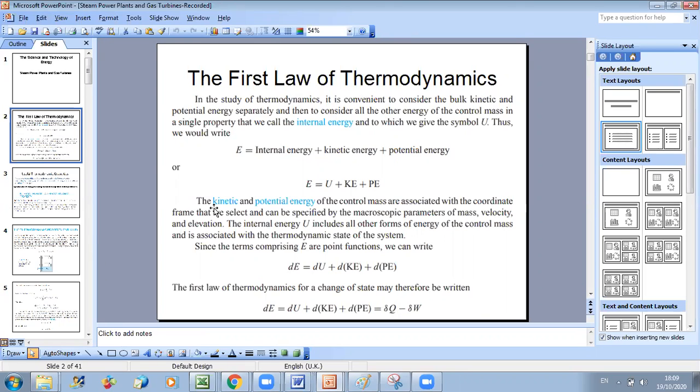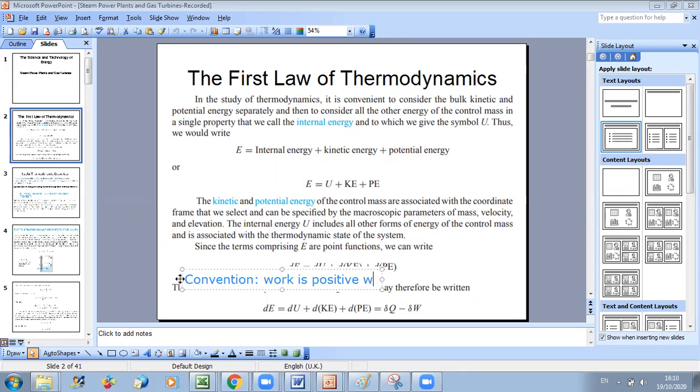The second convention is the following: that work is positive when done by the system. Okay, when done by the system.